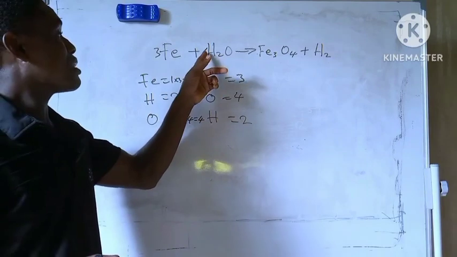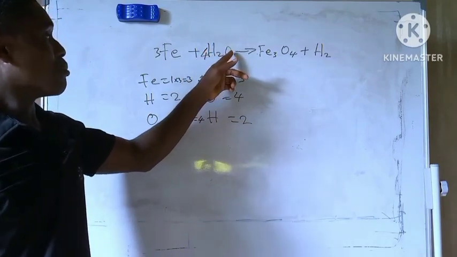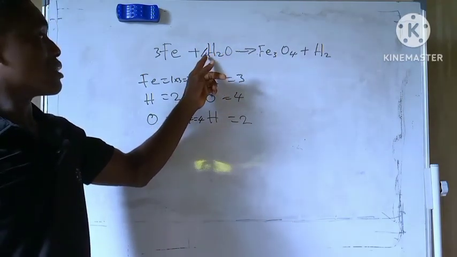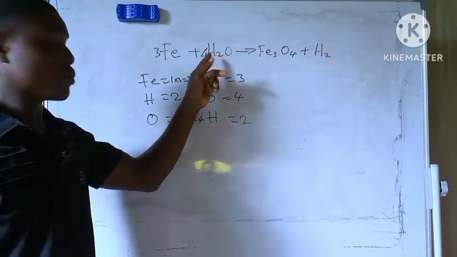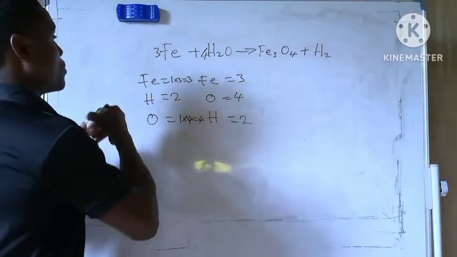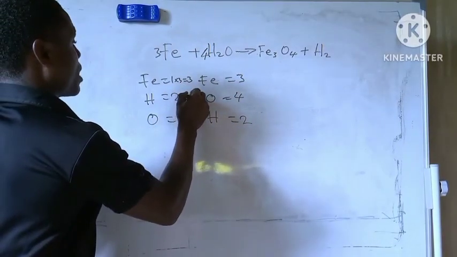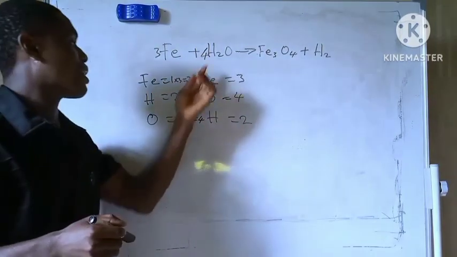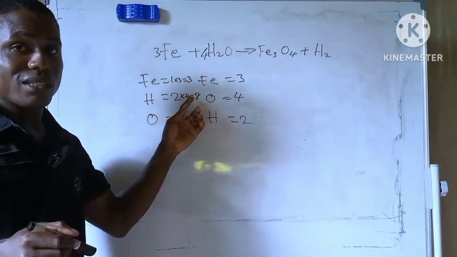But know that I said this 4 is affecting both the hydrogen and the oxygen here, right? So hydrogen is now what? 8. 4 multiplied by 2 will give you 8 at the left side, which is this one, right? So at our left side, hydrogen is now 8.